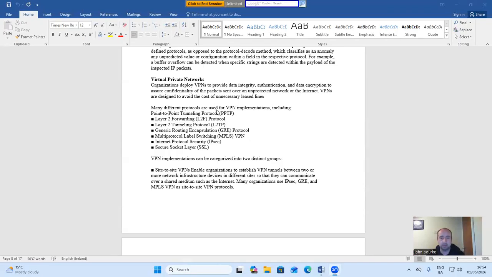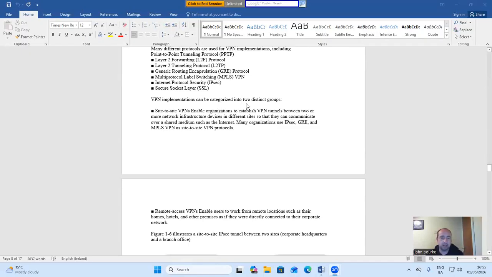Many different protocols are used for VPN implementations, including Point-to-Point Tunneling Protocol (PPTP), Layer 2 Forwarding (L2F) protocol, Layer 2 Tunneling Protocol (L2TP), Generic Routing Encapsulation (GRE) protocol, Multiprotocol Label Switching (MPLS) VPN, Internet Protocol Security (IPsec), and Secure Socket Layer (SSL).